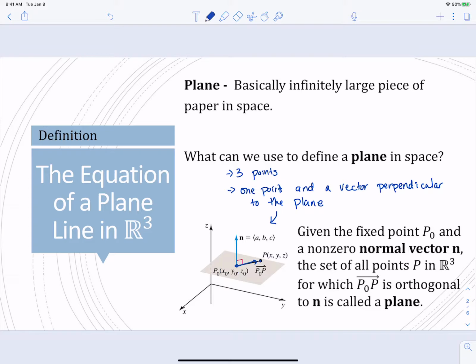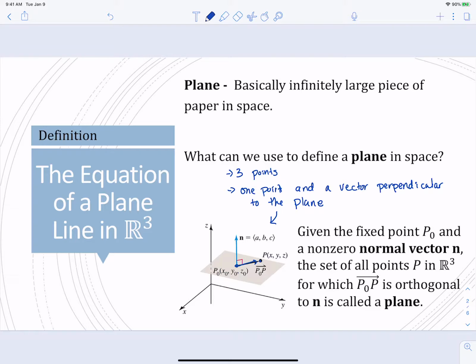So our fancier definition is that given a fixed point, p sub 0, meaning a point we're going to know, that's going to have actual values, and a non-zero normal vector n, the vector that's perpendicular to our plane, and again that's a vector with numbers that we're going to know, then the set of all points p, those are going to be our variables, any other point that sits on our plane, and again we're in R3, for which the vector starting at p sub 0 going to p is orthogonal to that normal vector, is called a plane.